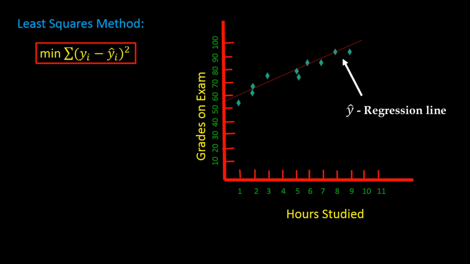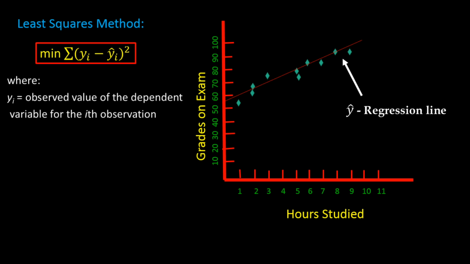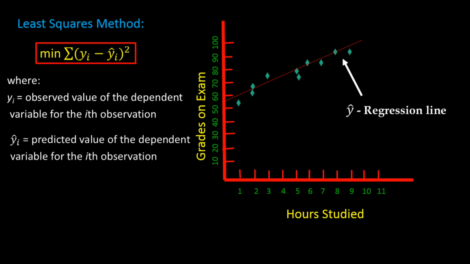Take a look at the formula in the red box again. yi represents the observed value of y for the ith observation, and y hat would be the predicted value of y for that same ith observation. So let's say, for example, we take an x value of 3. That is, the number of hours studied is 3.